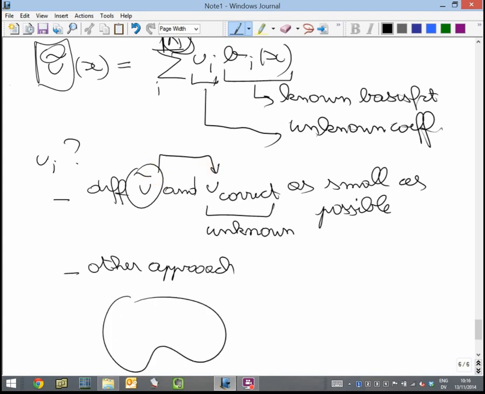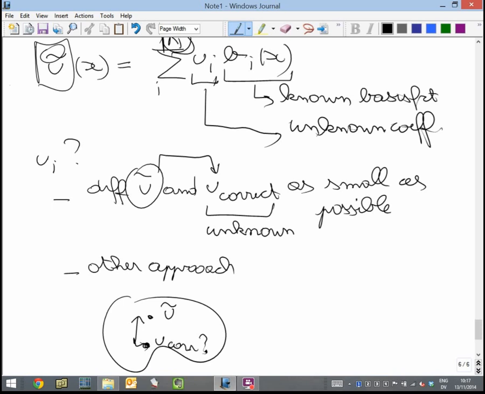If we look in the space where our solutions live, we have somewhere a correct solution, U correct, but we don't know where it is. It could be lying here or somewhere else. And we're constructing an approximate solution U tilde, but we have no way of evaluating the difference between them because we don't know where U correct is lying.